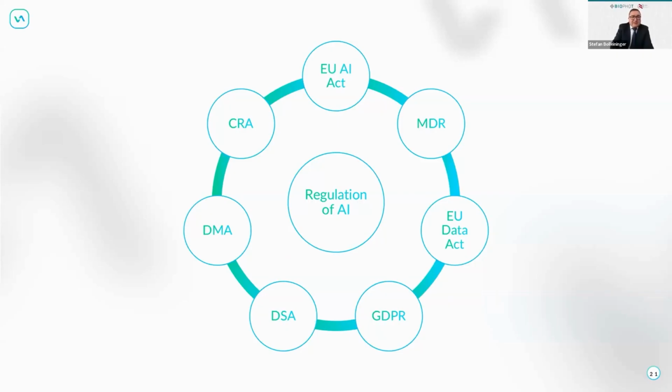Since AI regulation is not a single one, it is covered by a lot of additional regulations or touched by another one. That's very important to include those as well. So Cyber Resilience Act, AI Act, MDR, EU Data Act can utilize AI, GDPR, DSA, and the DMA. Those are the ones which are also covering parts of the AI system.